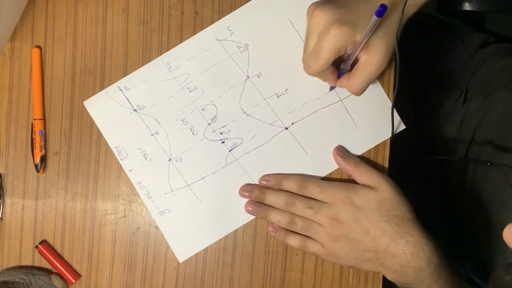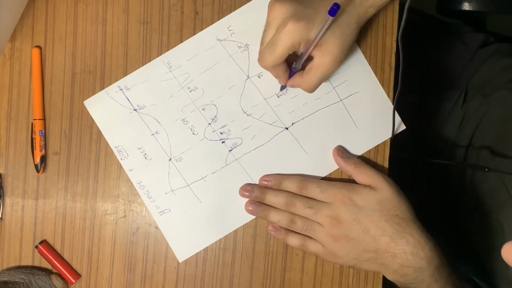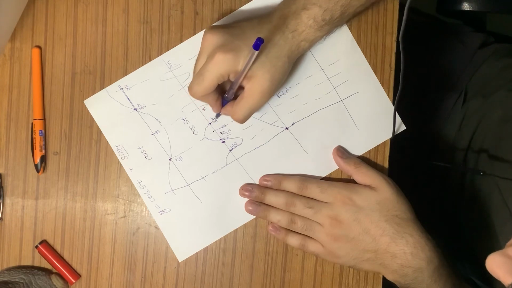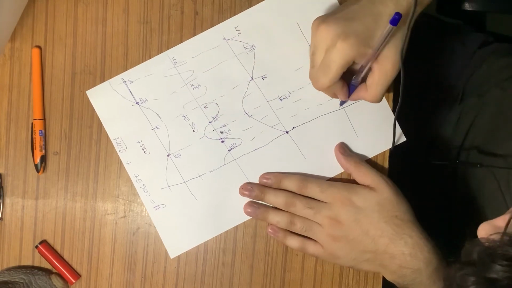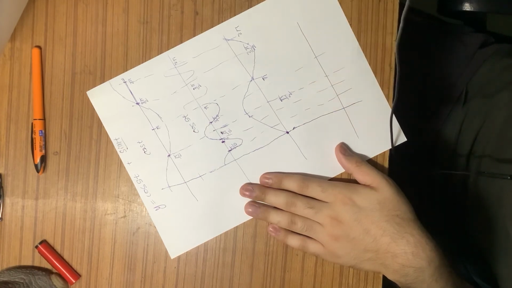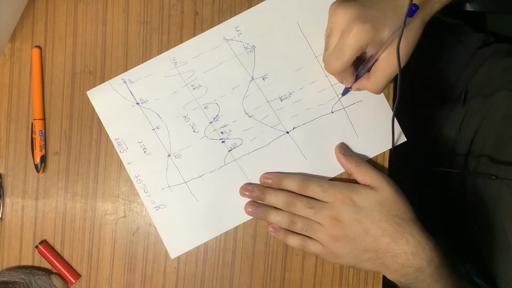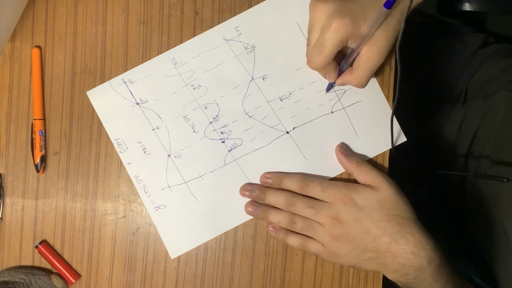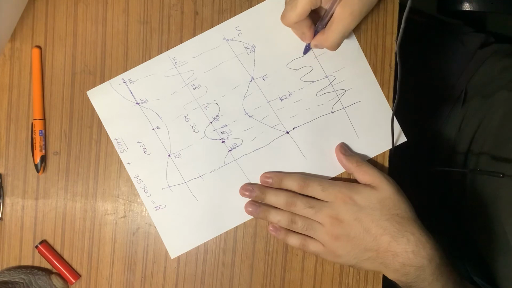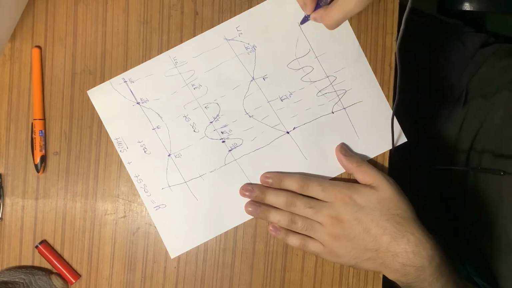As we can see from here, let me draw these lines first. The graph would go something like this, then it would start to increase, basically following this line of sin t.